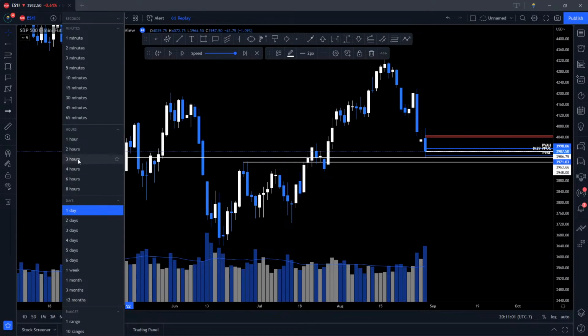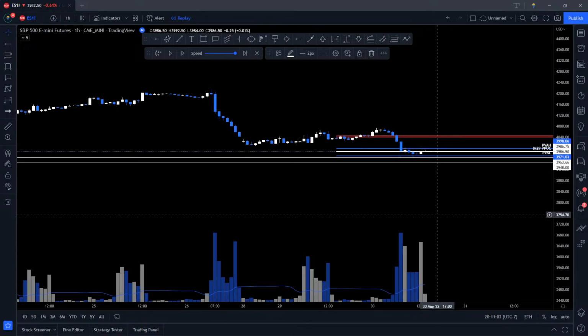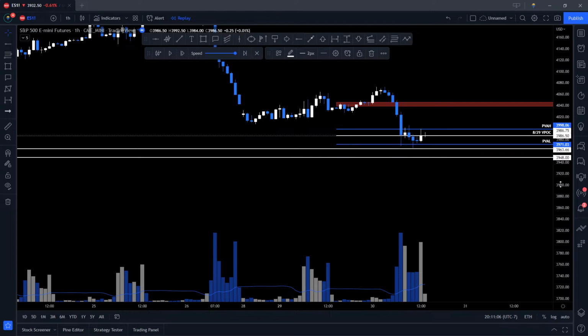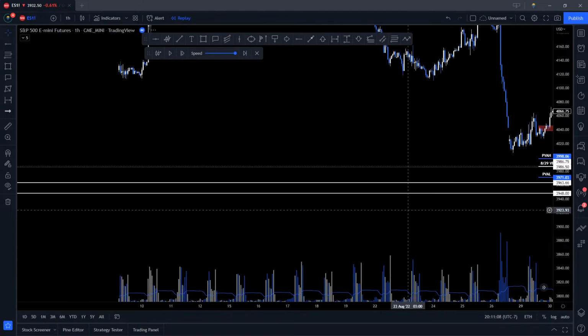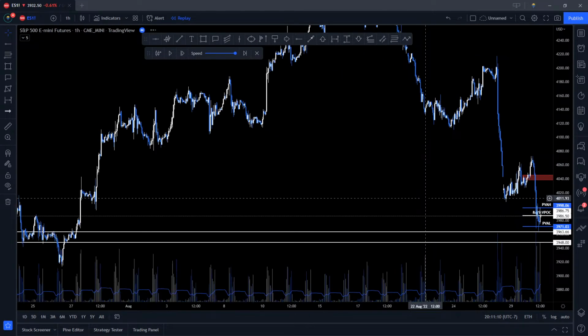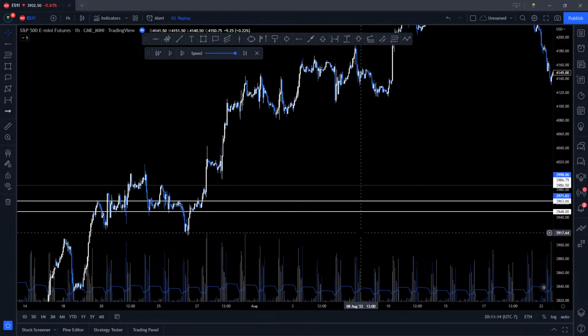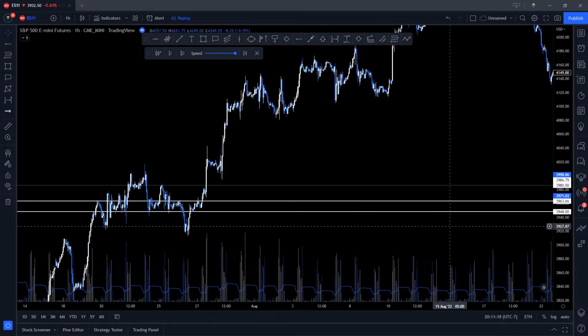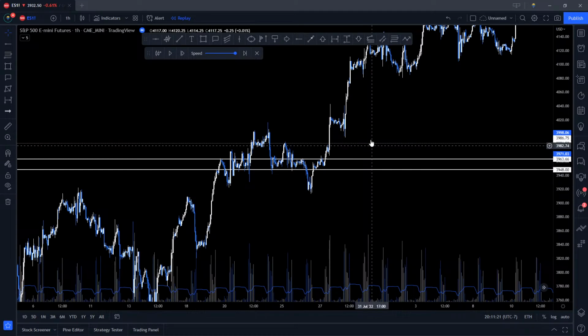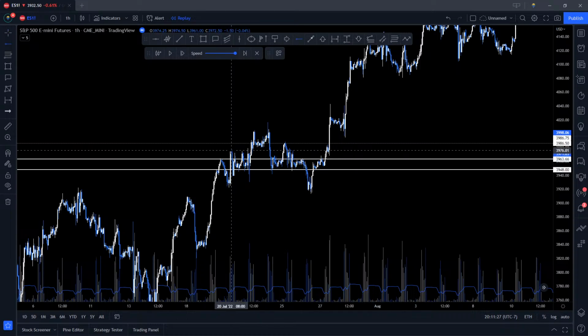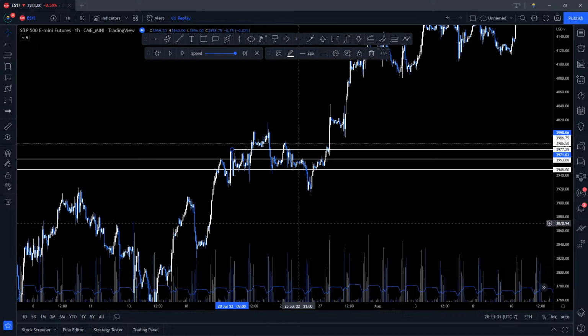From here, you want to start going down to lower time frames, 1 hour, 65 minutes, time frames like that. So we're looking at this range here, and we're really looking at where we have support and resistance.